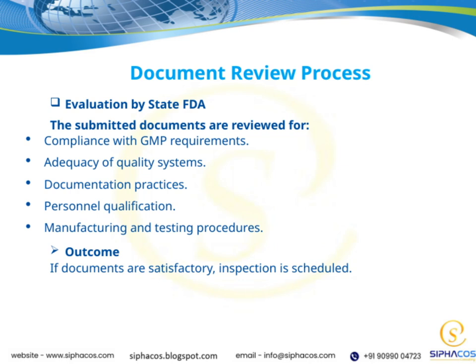They also look closely at documentation practices, verifying that records are clear, complete, and properly maintained. Personnel qualifications are another critical aspect, ensuring that staff involved in manufacturing and testing are properly trained and qualified. Lastly, they review manufacturing and testing procedures to confirm they are scientifically sound and correctly implemented.